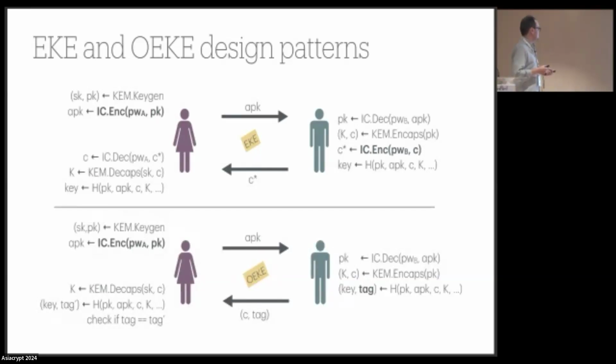Let me briefly recall how this works in the KEM setting. We have Alice and Bob. Alice generates a public key, secret key pair. Alice then password-encrypts her public key into something that we call APK and transmits APK over to Bob. Bob then password-decrypts APK, retrieves Alice's public key, and uses the KEM encapsulation mechanism to derive a key and a ciphertext.